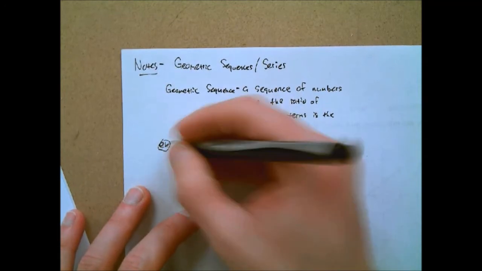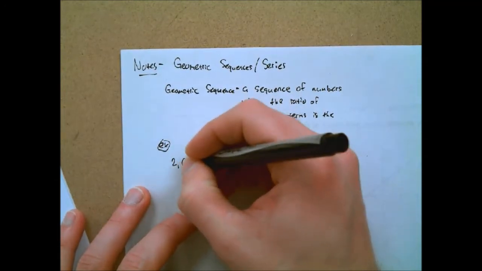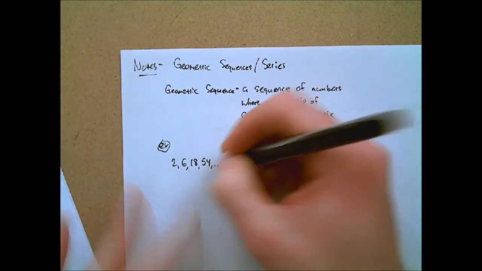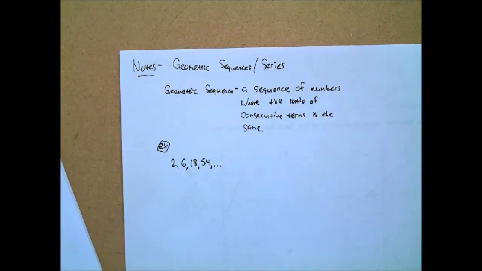Okay. So 2, 6, 18, 54, and so on. What's the pattern here? What's happening every time with these terms? Multiplying by 3. Okay. The other way we could think about that, right?